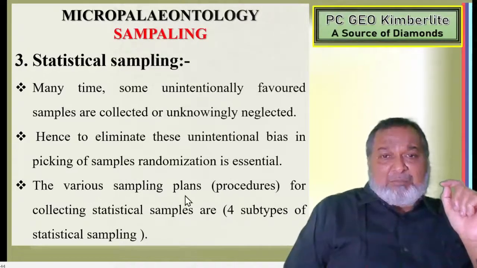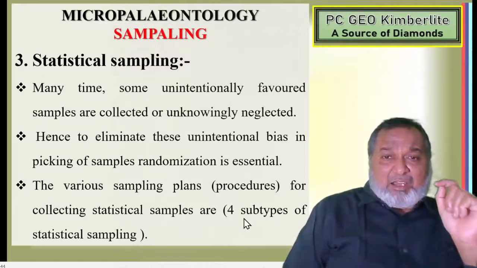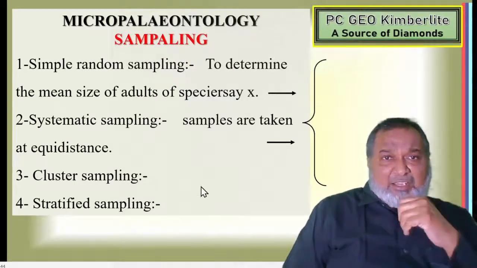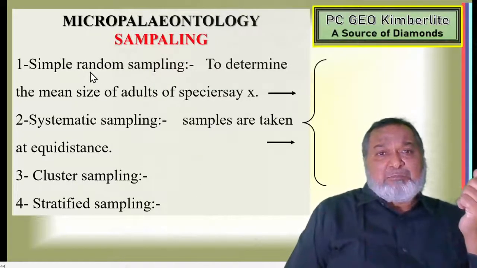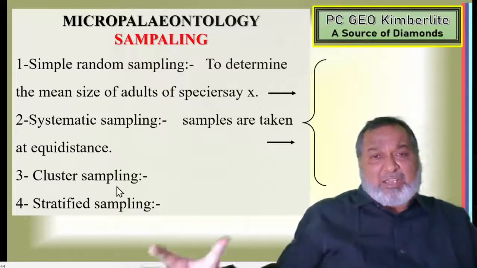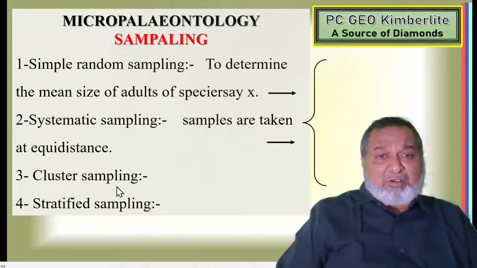There are 4 subtypes of statistical sampling. One is simple random sampling, to determine the mean size of the adult species, say X. Systematic sampling: samples are taken at equidistance. Cluster sampling: we make a cluster and pick from there.